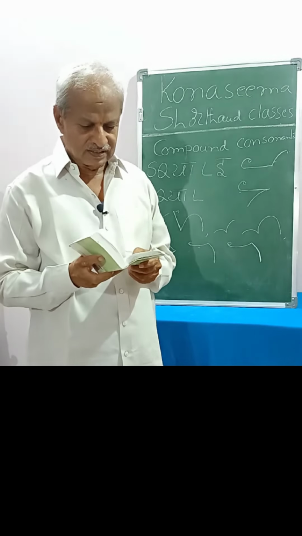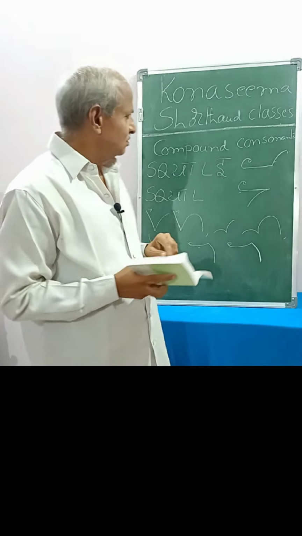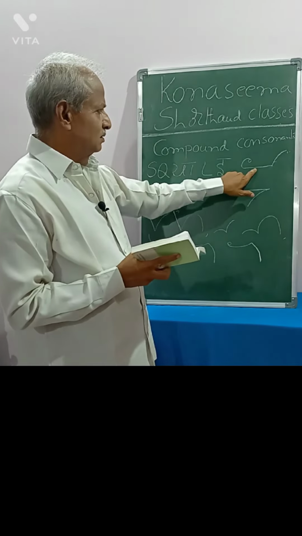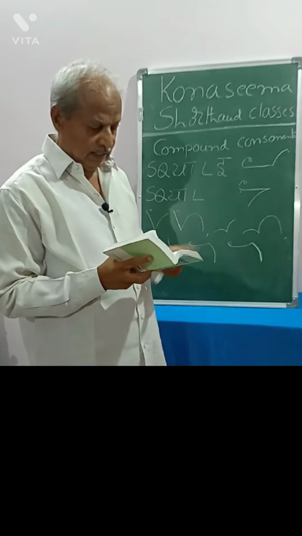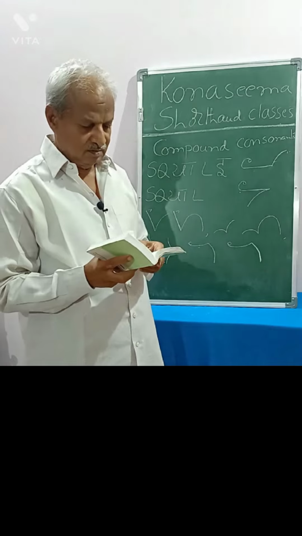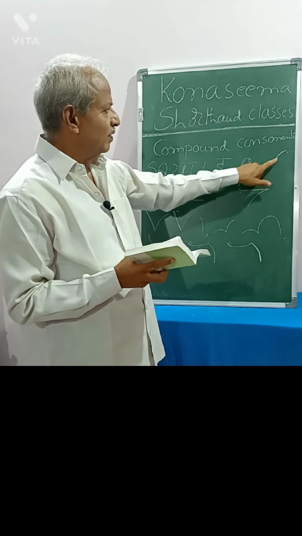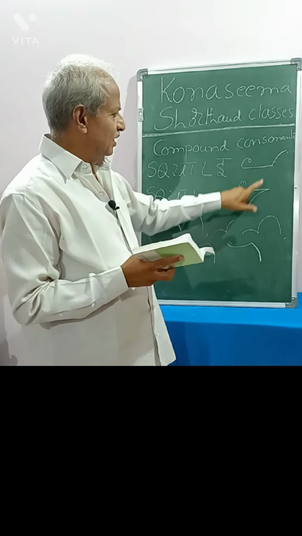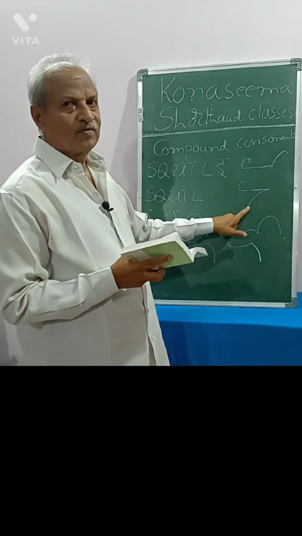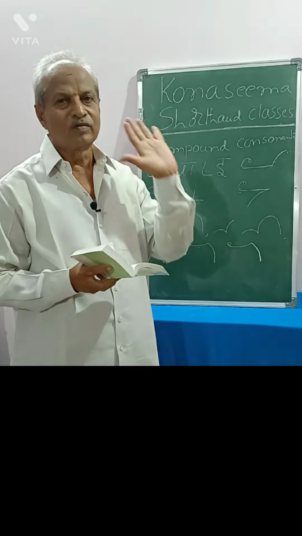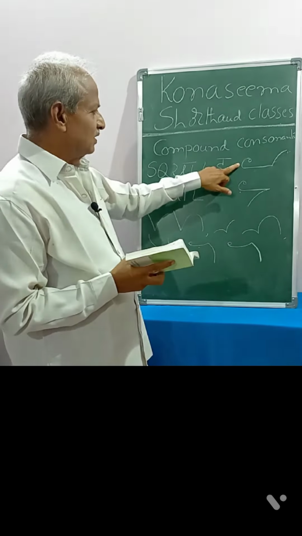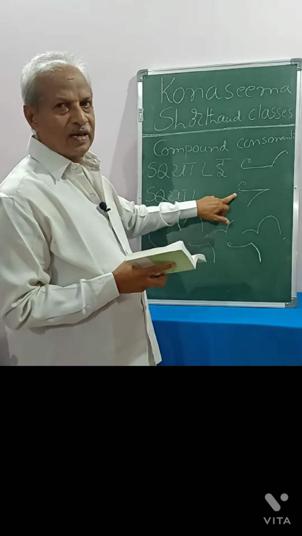Here it is telling that after qua, L is written upward when followed by a vowel and downward when not followed by a vowel. This is the rule we have to follow. This is "squally" and this is "squall".